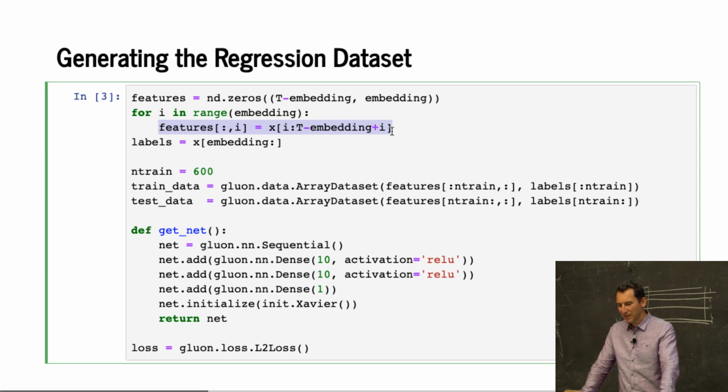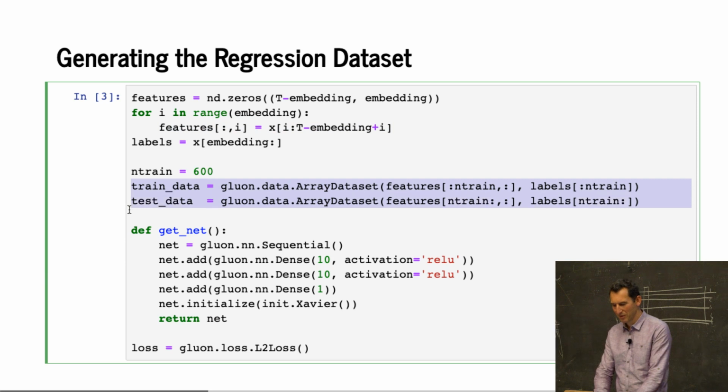Now, the training data set is the first 600 observations. And so now I have a training data set and a test data set, so I perform exactly the operations that you would. I just call the gluon data set constructor and call it an array data set. Right.